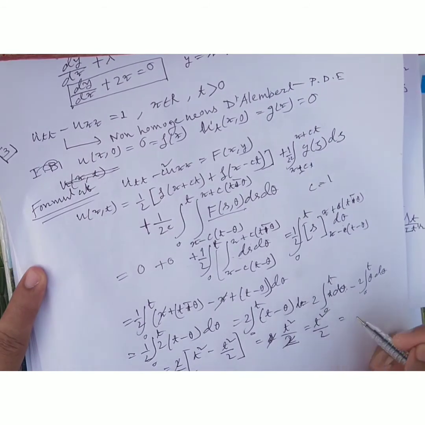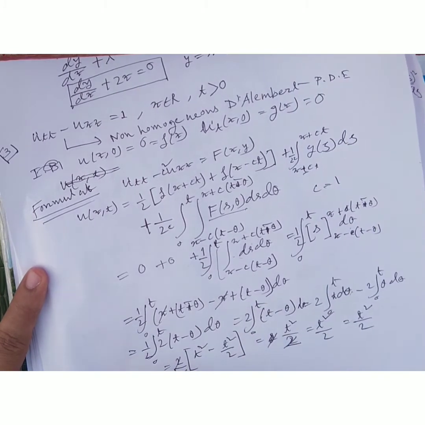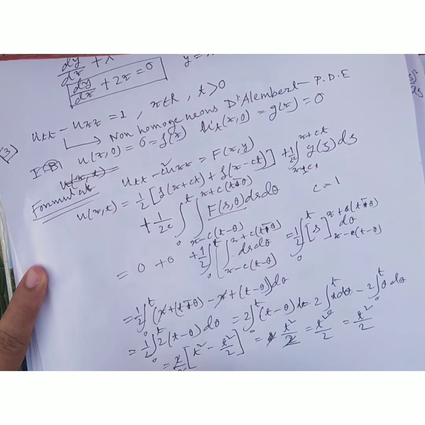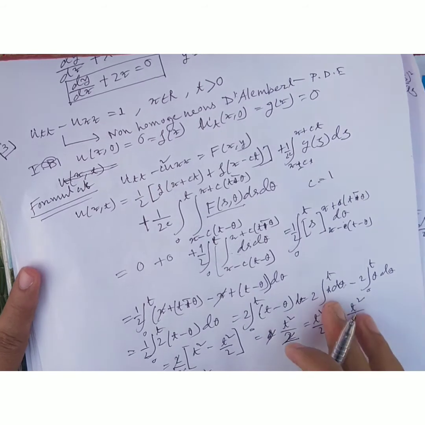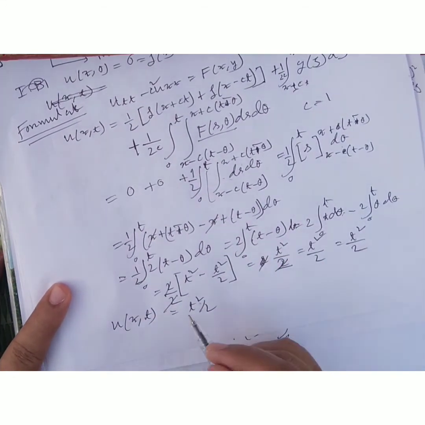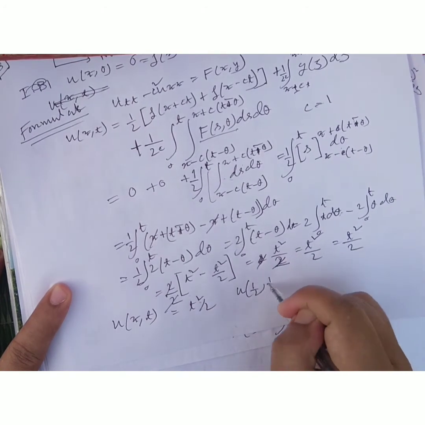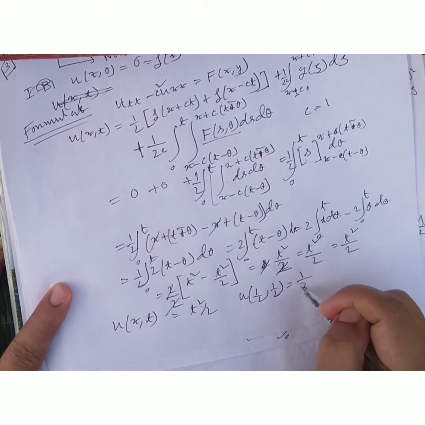Now u(x,t) equals t squared by 2. Is it clear? Yes, it is clear. u(x,t) equals t squared by 2, and u(1/2, 1/2) equals 1 by 8.